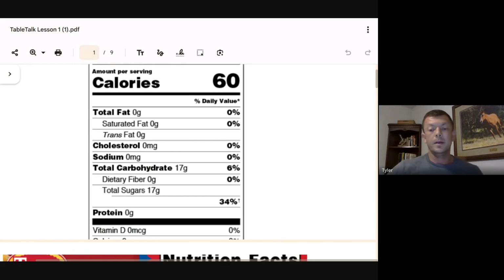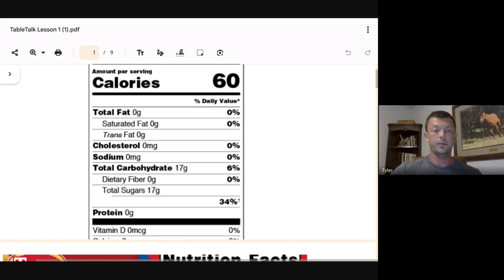And then because of all that research, things like cholesterol and sodium were getting linked to a lot of health issues. And so they instituted in the early 90s that cholesterol and sodium needed to be included on the list also. That change in the early 90s is pretty similar to the labels we've had up until now.